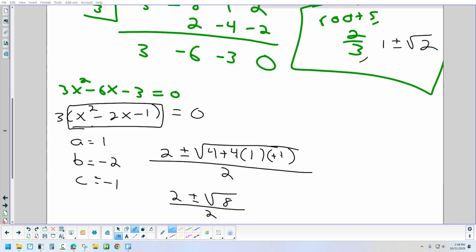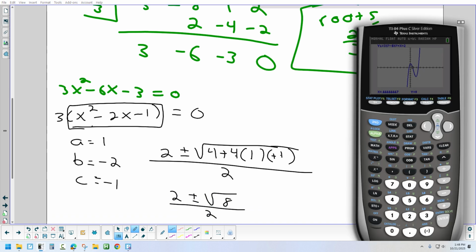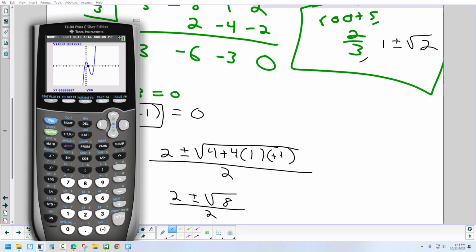Now that you know that, we can check it. Let's see what 1 plus the square root of 2 is. It's about 2.414. Let's calculate this root. What do you think this root is going to come out to over here? 2.41, yeah.